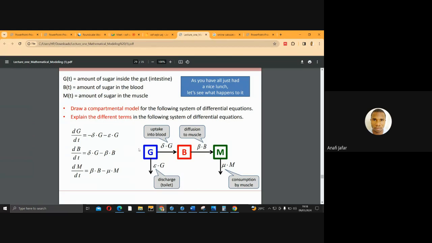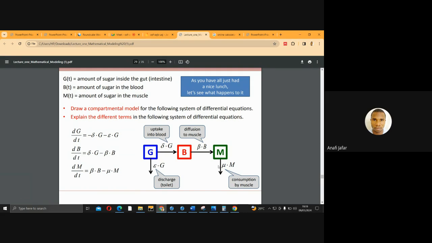Then here, it goes out from B to M. Then here, there's nothing going out. What is going to be here, dM over dt, is what is coming into M and what is going out.